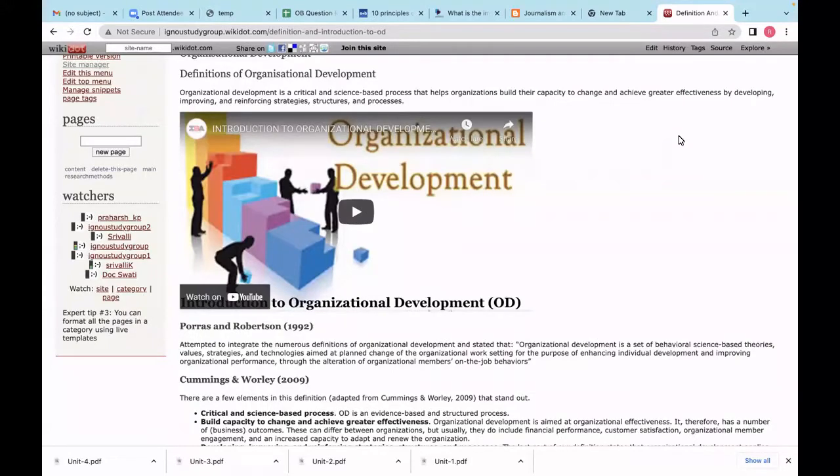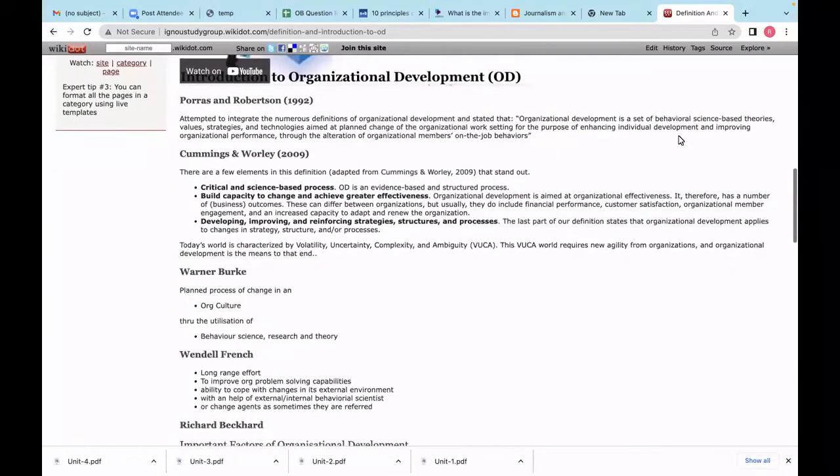The other important thing about the definition is culture. Culture plays a very important role when we talk about OD. Some of the scientists even formed culture as one of the bases of this particular definition. So they say it is about changing the culture of the organization. There is a lot of emphasis on culture.